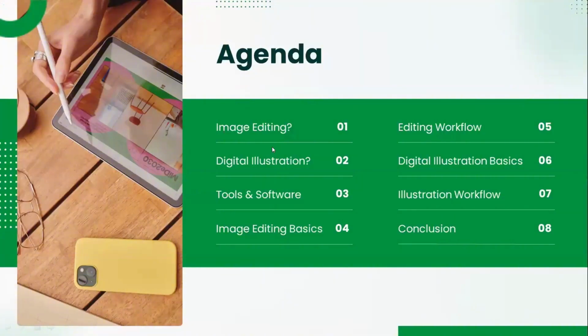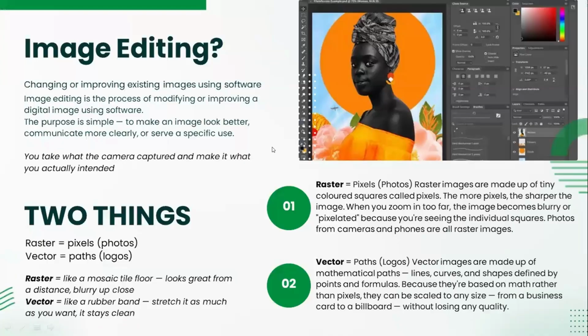Now, what do we call image editing? For instance, you see a photo and you're like, this picture is not looking good, it's blurry and things like that. And then you ask, how do I make this image come out well?